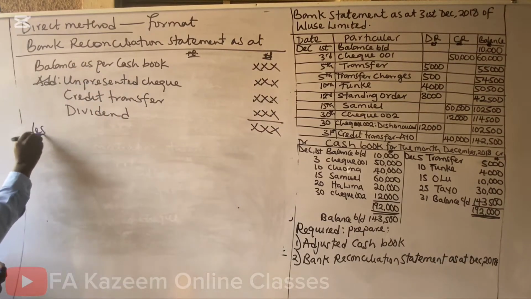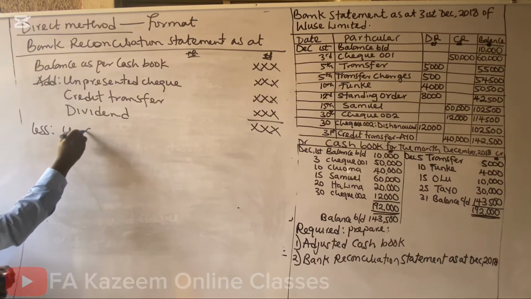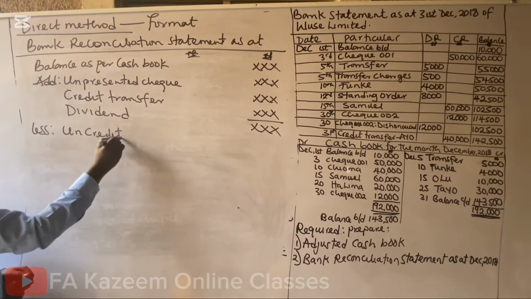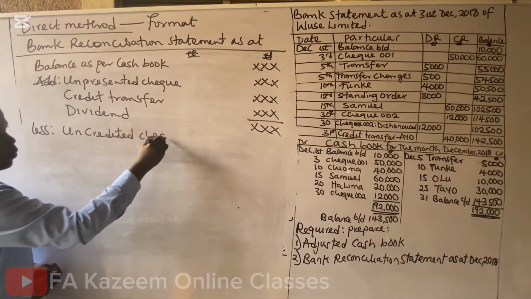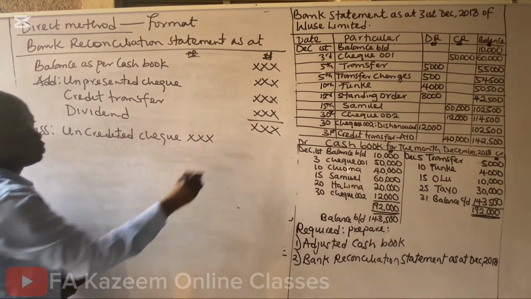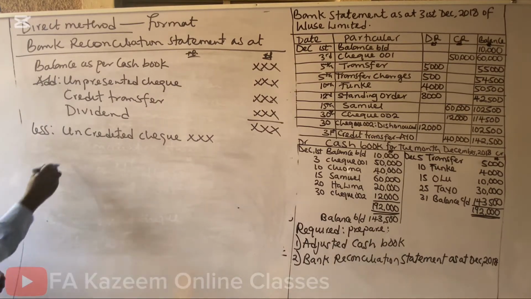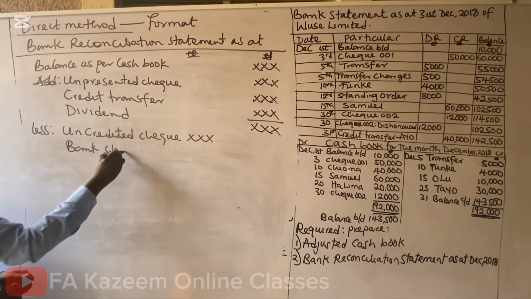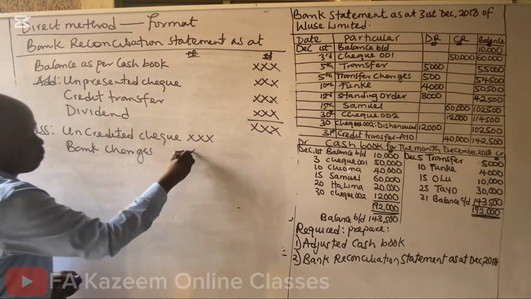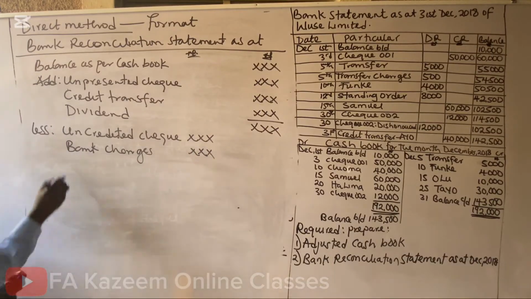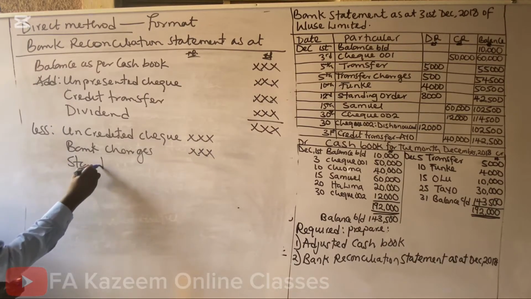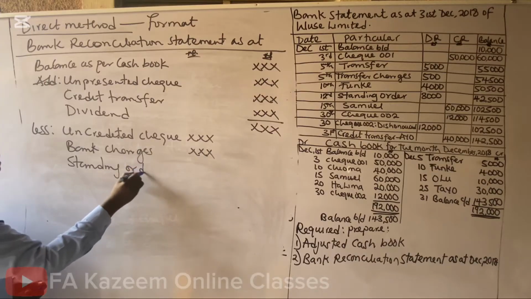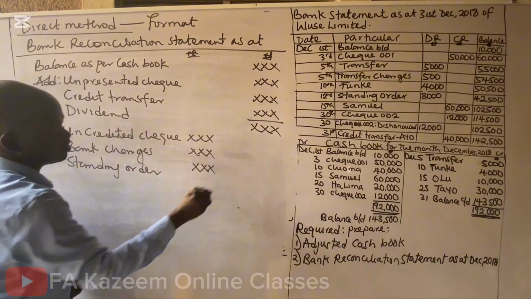You now say less uncredited check, less bank charges, less standing order, less dishonored check.